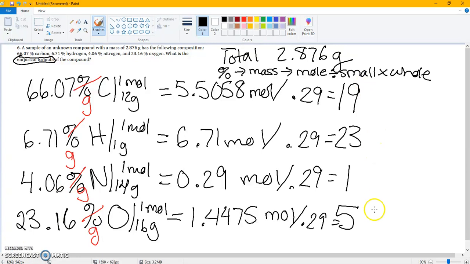Now I have all whole numbers, so I don't need to multiply them by 2 or whatever to get rid of a decimal. So here is my ratio, all the way down here and all the way down here. Done. So now I just have to write the empirical formula, which is C19H23NO5. That is my empirical formula.